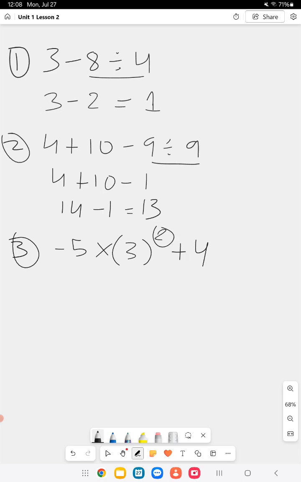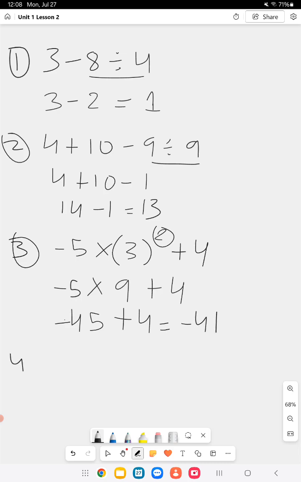So we rewrite everything and solve the first step: negative 5 times 9 plus 4. And then we solve the multiplication. Negative 5 times 9 will be negative 45, and plus 4, my apologies, plus 4, and the answer will be negative 41.